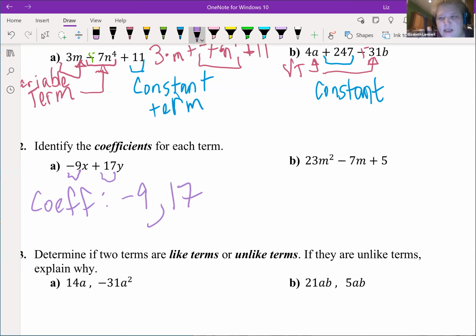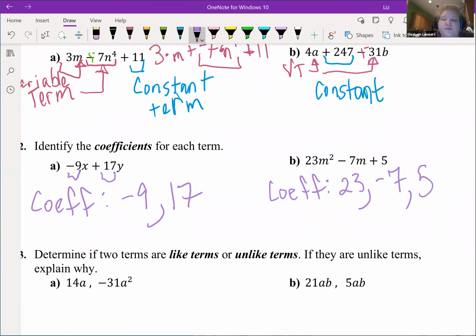Literally, you can type this in, and if it factors, Google will tell you. But our coefficients, we have the 23. Then we have that 7, but because of the subtraction, we're going to consider it negative 7. And the positive 5 is also considered a coefficient, even though there's no variables with it.